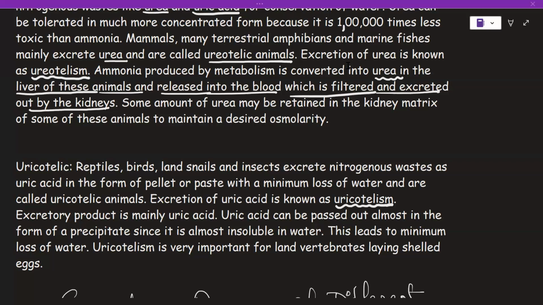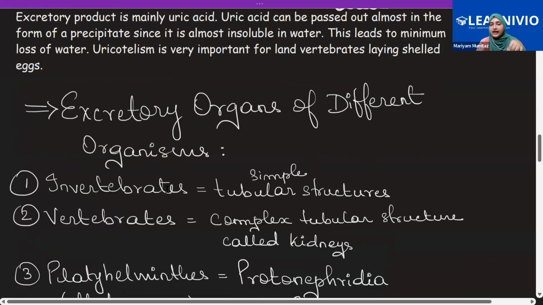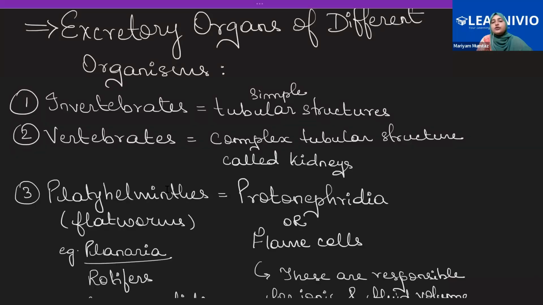Okay. So after this, we will be talking about the different excretory organs for different organisms. When we talk about the invertebrates, meaning the lower organisms that do not have the notochord or the vertebral column, they have simple tubular structures.